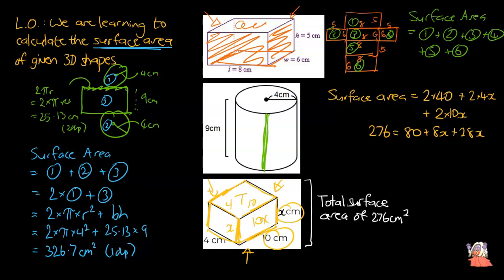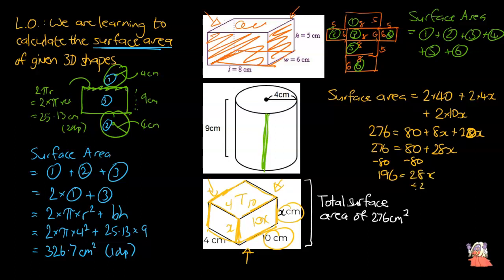I'm going to group together the x's. So this is why I like equations. If I can form an equation, have one variable, I can do anything I want and go ahead and solve it. So 276 is equal to 80 plus 28x. Oh no, I've made a mistake here. That's 20, so 28x. We're then going to go minus 80, minus 80. So 196 is going to be equal to 28x.